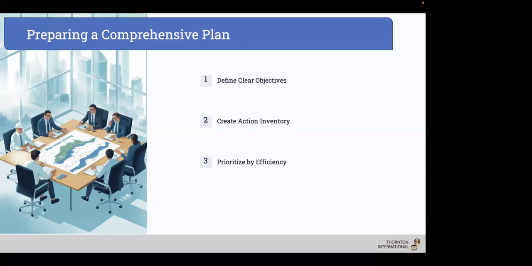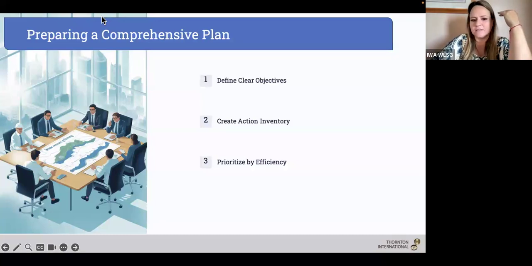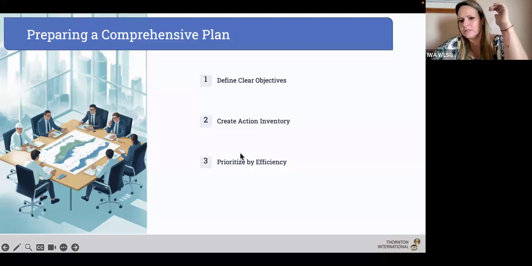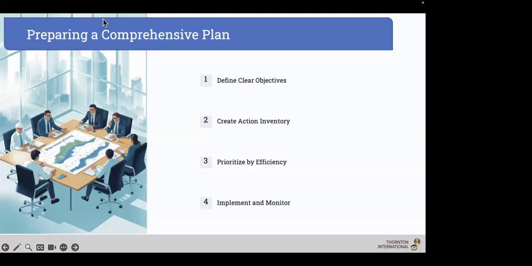You can assemble the plan by adding actions one by one, starting with the most efficient, then the second most efficient, and so on until the target is achieved. And then, implement and monitor your plan. You must execute the plan while tracking the performance to ensure that the goals are being met, and make adjustments if necessary.